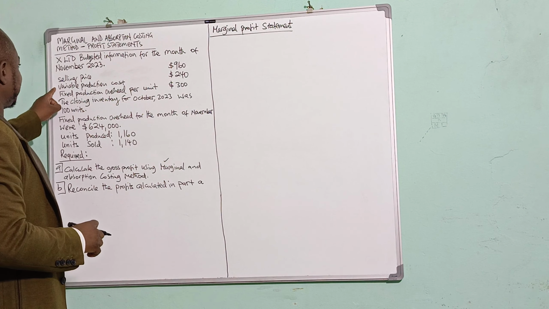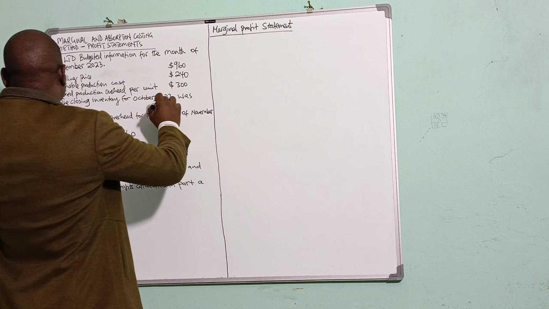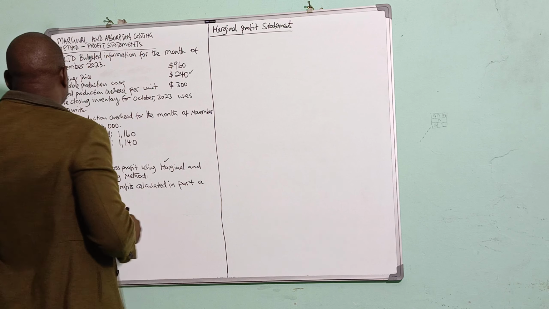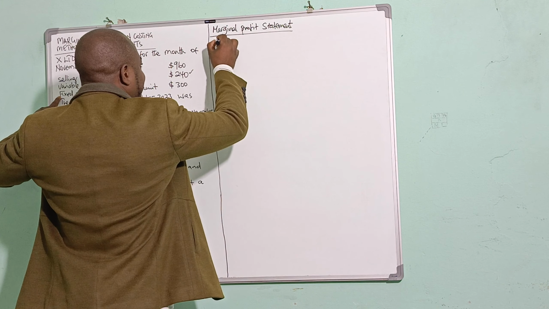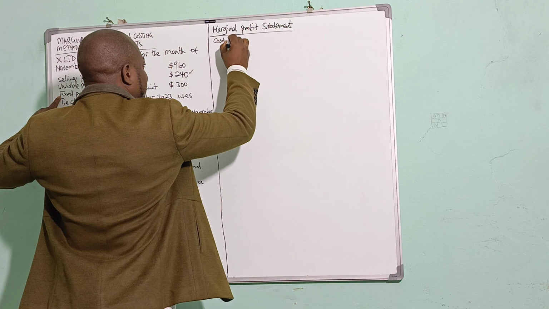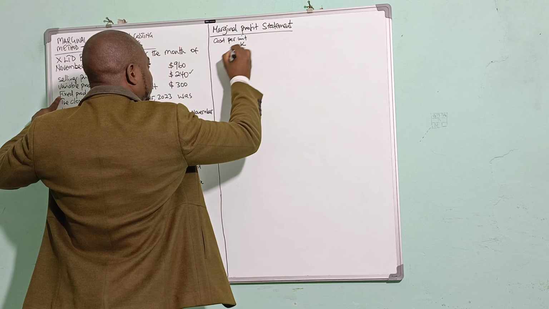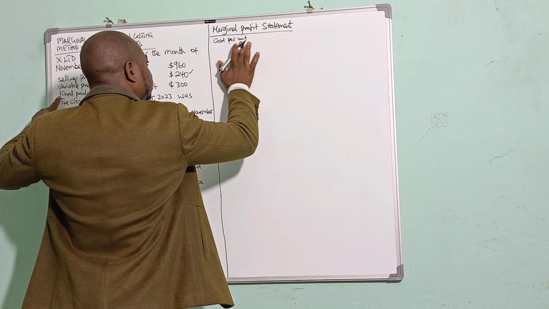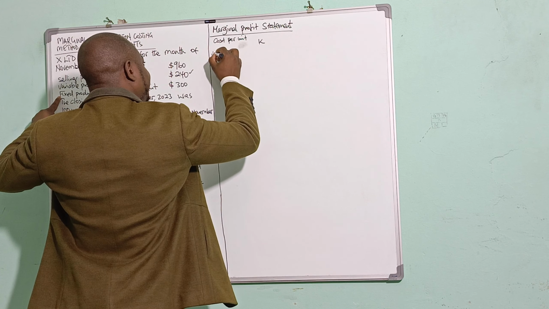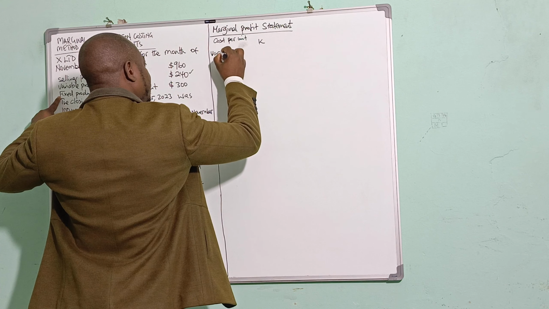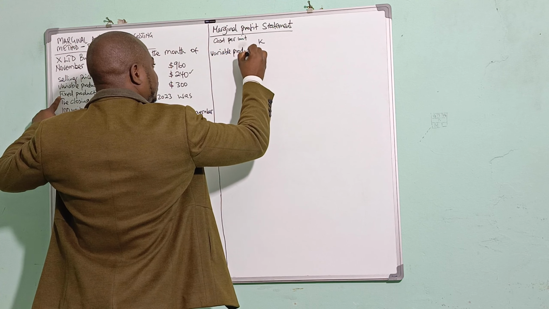Like you can see here, this is the selling price, the variable production cost is this one, and this one is the fixed production cost.